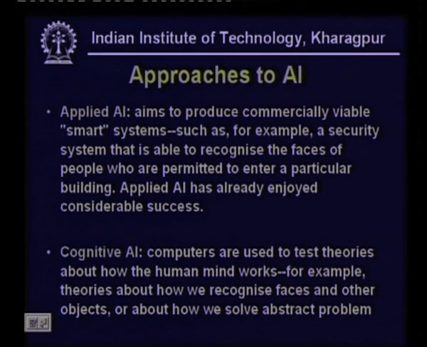Fourthly, cognitive AI deals with the studies where computers are used to test theories about how the human mind works.